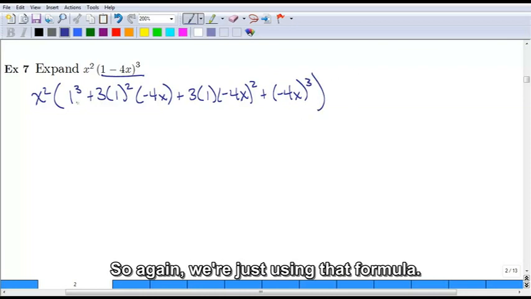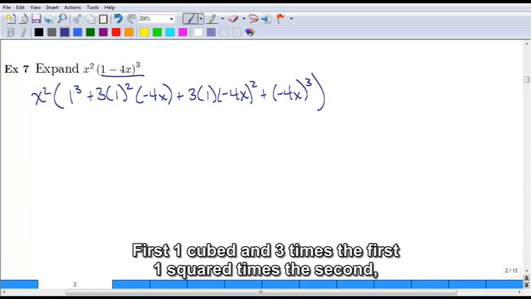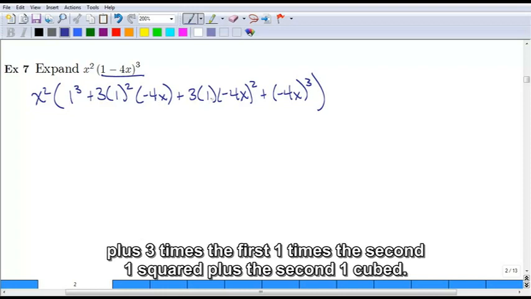So again, we're just using that formula, first one cubed, then 3 times the first one squared times the second, plus 3 times the first one times the second one squared, plus the second one cubed.